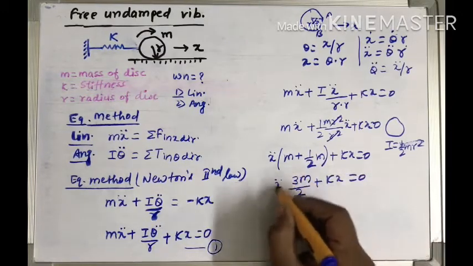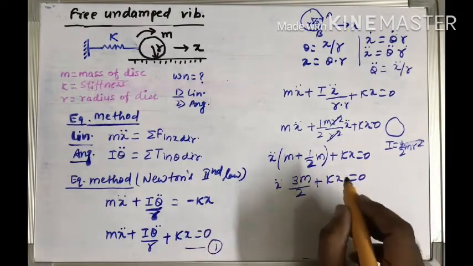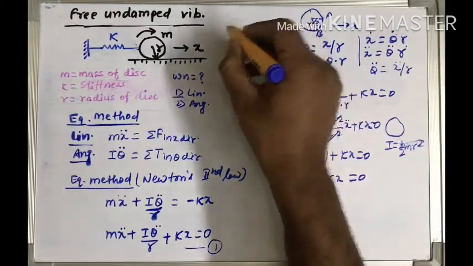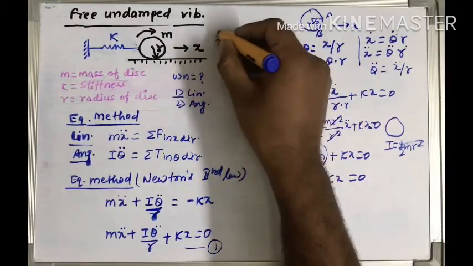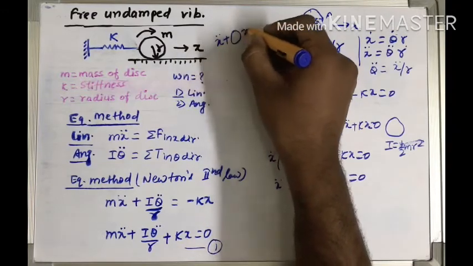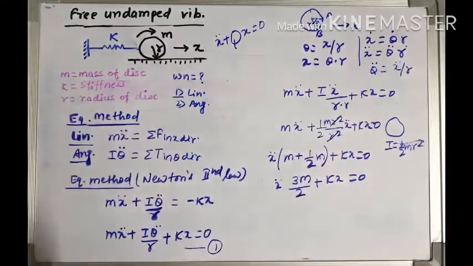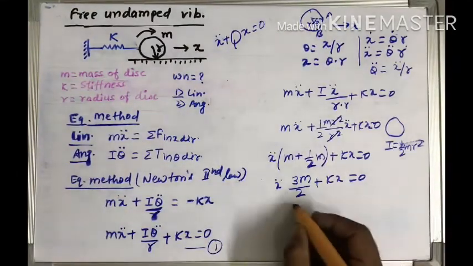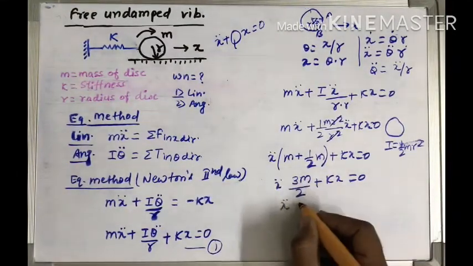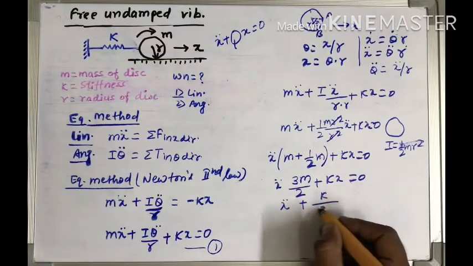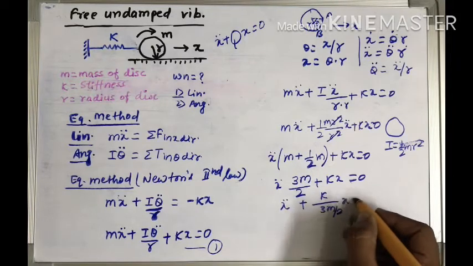Since we want to calculate the natural frequency, how do we calculate it? The relation is x double dot plus whatever comes with x, equal to 0. So this is the square of natural frequency. We divide by 3m by 2, so it would be x double dot plus k by 3m by 2 into x is equal to 0.